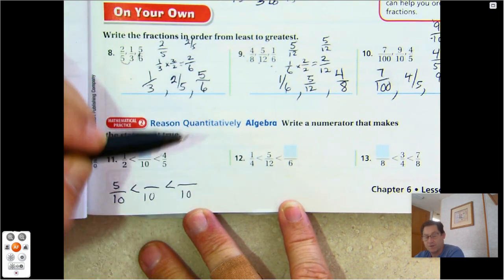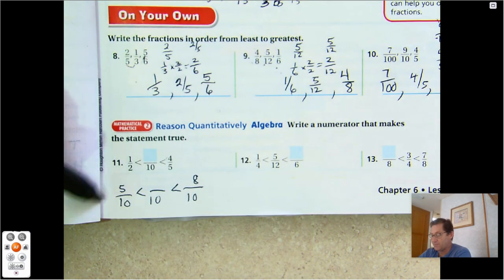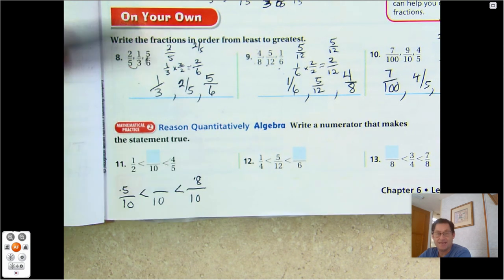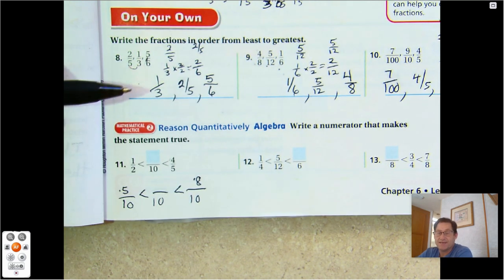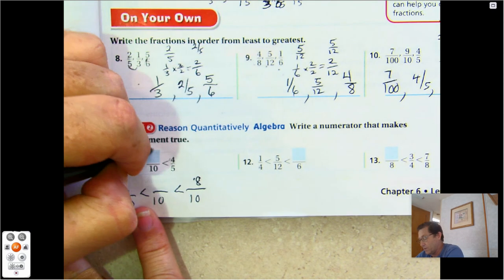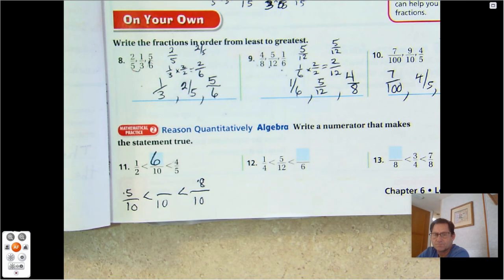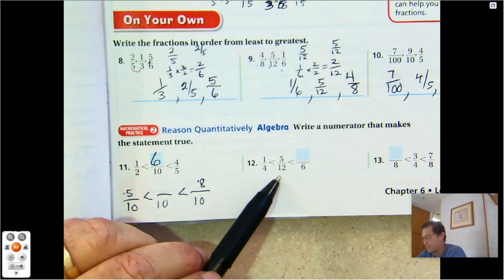All right, so the middle one has to be between 5 tenths and 8 tenths. So I could use 6 tenths or 7 tenths. Those are the only two possibilities. I'm going to go ahead and put just 6. 6 tenths is greater than 1/2, but 6 tenths is smaller than 8 tenths or 4 fifths.